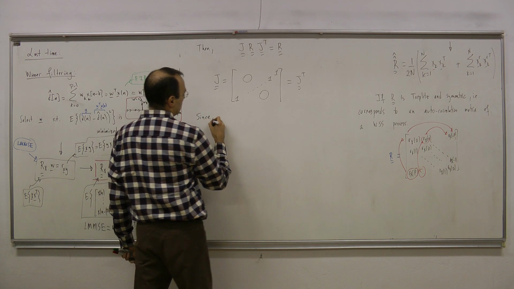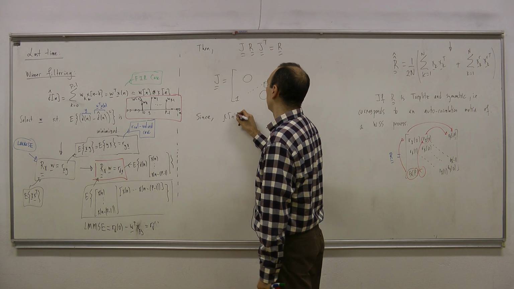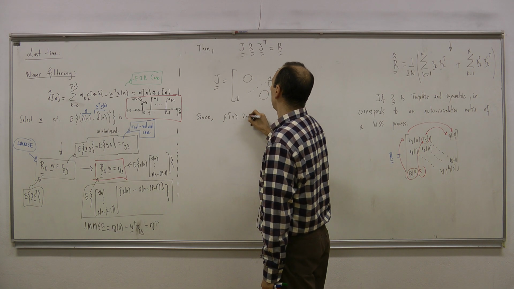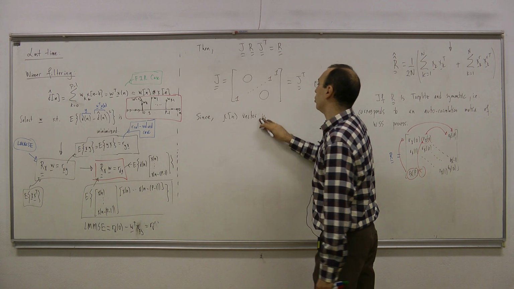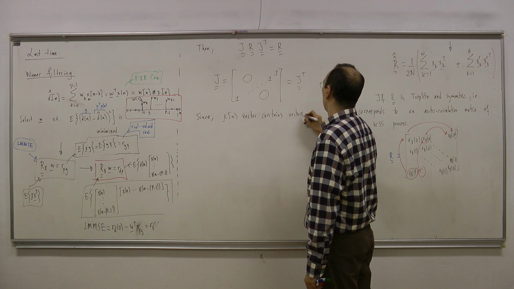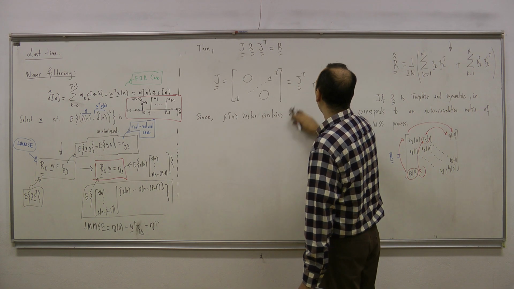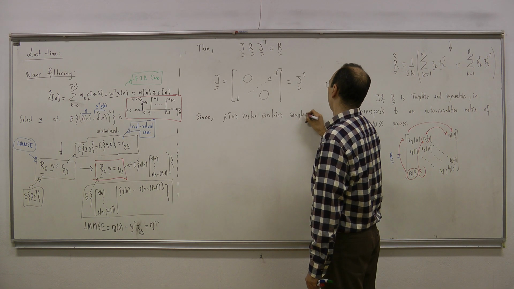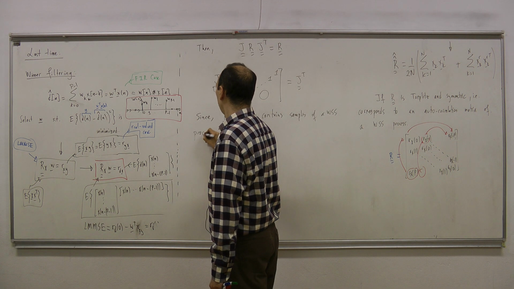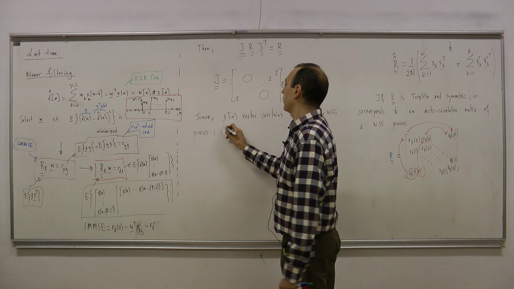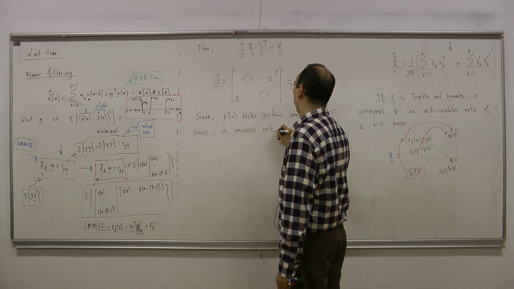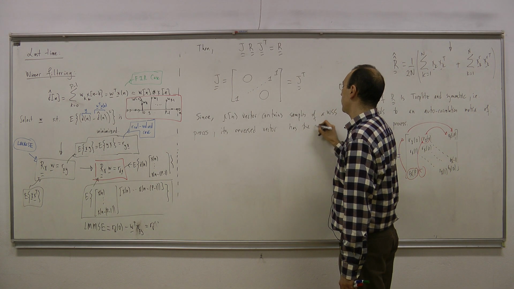since the x of n vector contains samples of a wide-sense stationary process, its reversed vector has the same autocorrelation.